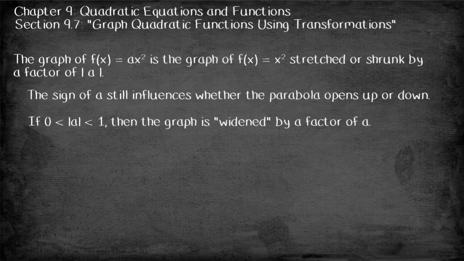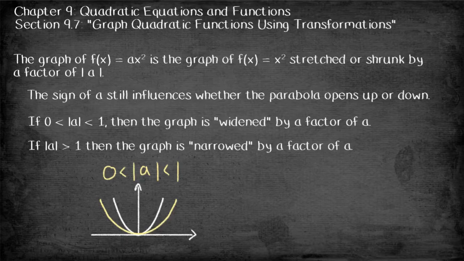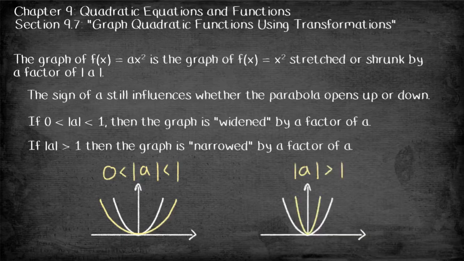So if a is between 0 and 1, which we saw in the case where we looked at a half x squared, the graph is going to be widened by a factor of a. If a is greater than 1 in absolute value, then the graph is narrowed by a factor of a. So both of those curves in white are the same curve, and then the yellow curve is the transformed version.